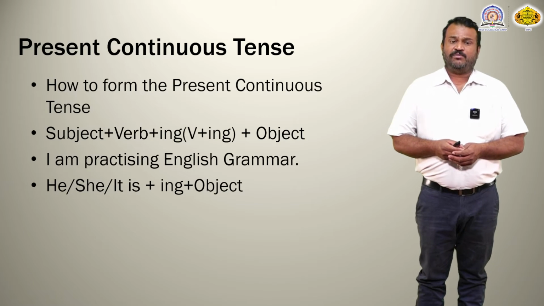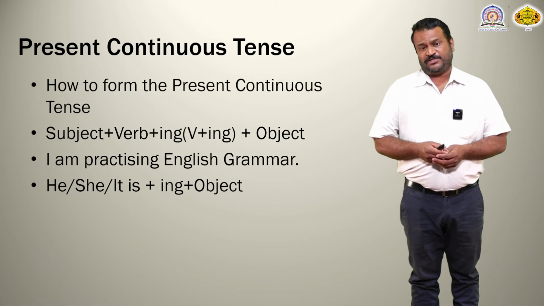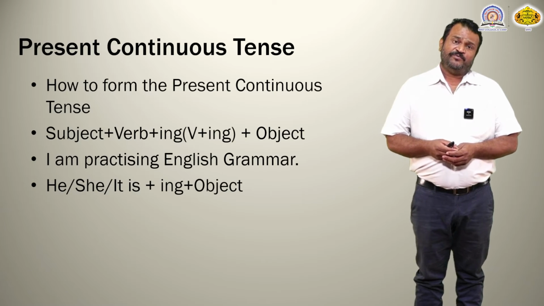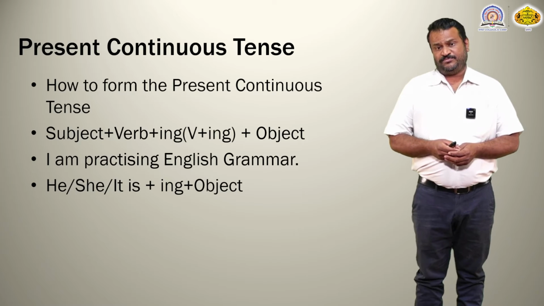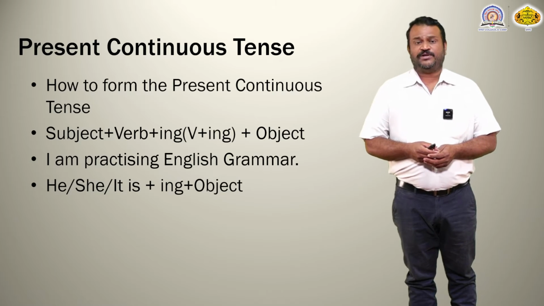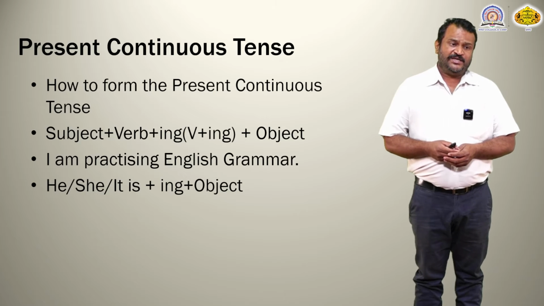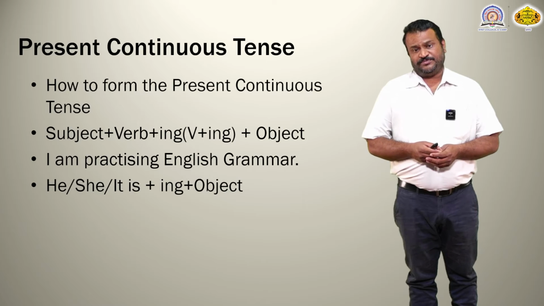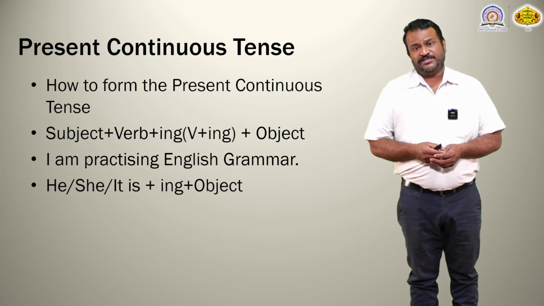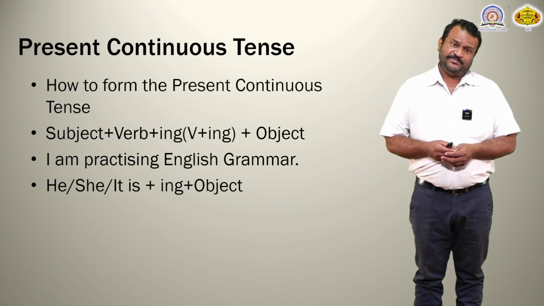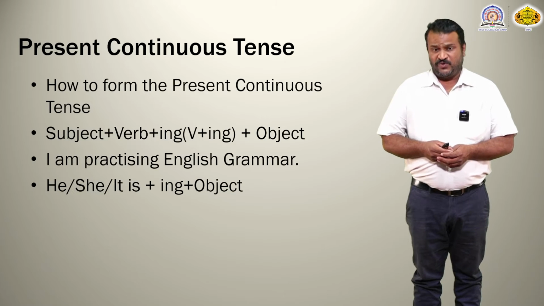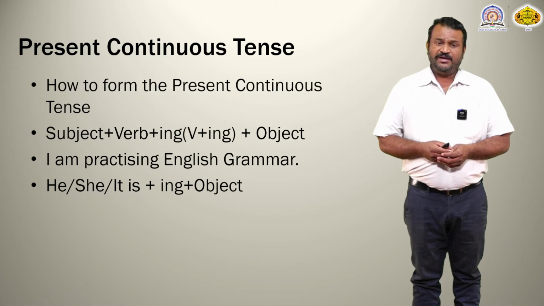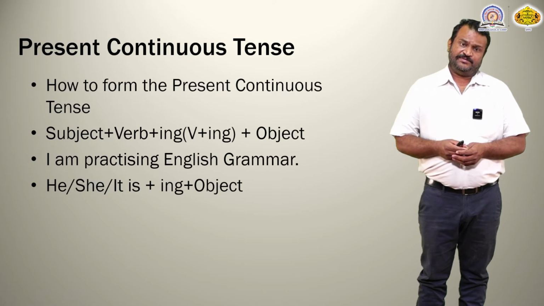And when you are talking about he, she, it, the third person singular, we use is plus ing plus object. He is watching the cricket match. She is cooking. She is cleaning the house. The mobile is not working.